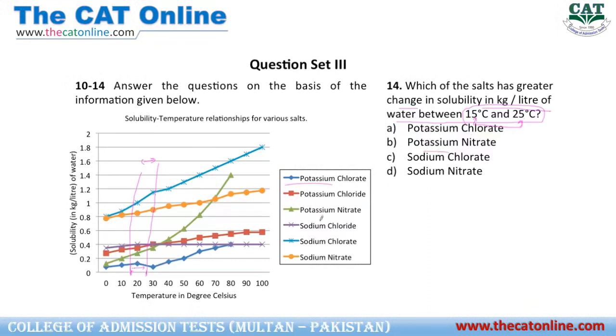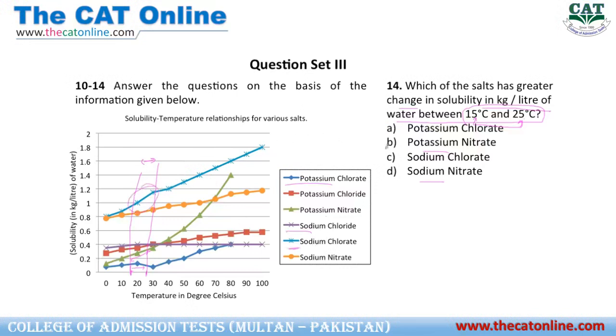I have potassium nitrate. So potassium nitrate is given by this green line here. Sodium chlorate. So sodium chlorate is given by this X line here. This hardly changes. And then I have sodium nitrate. So sodium chlorate was this one, this blue line here.